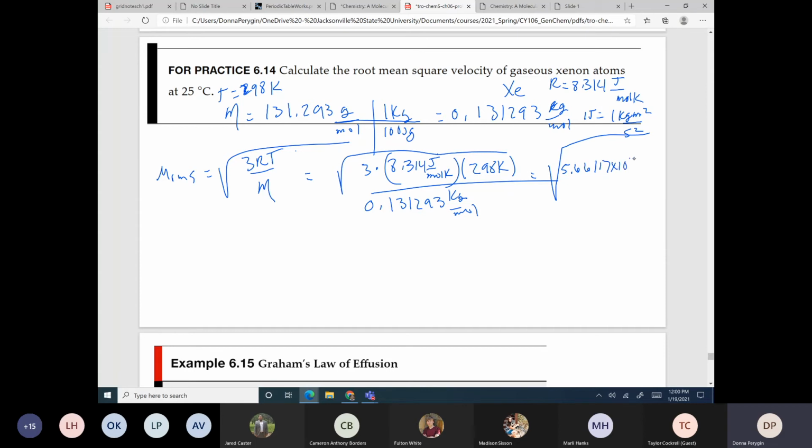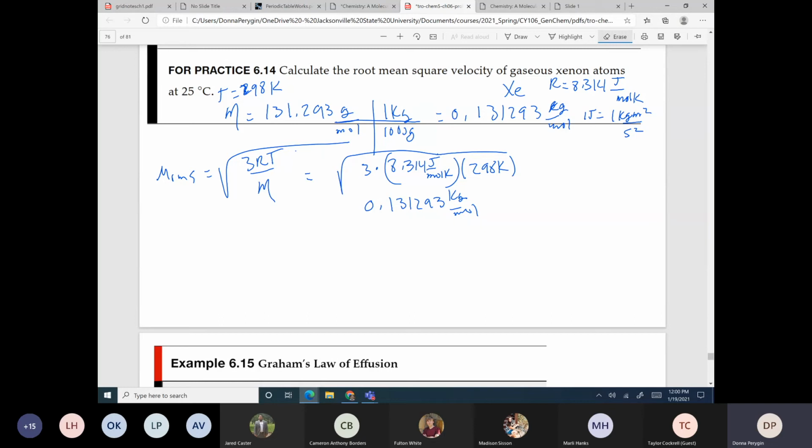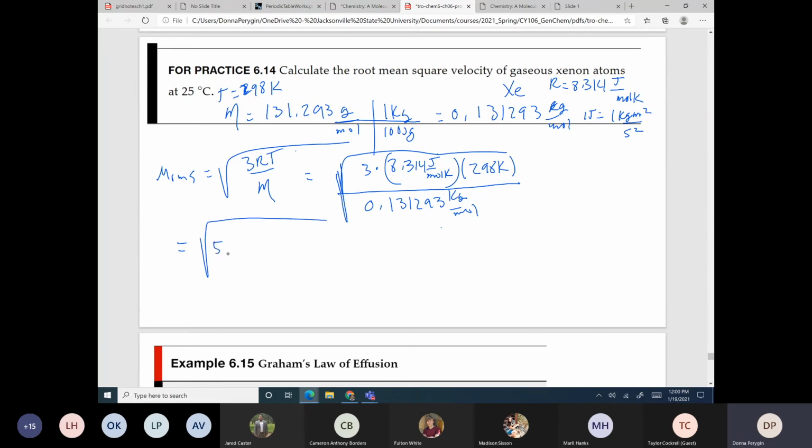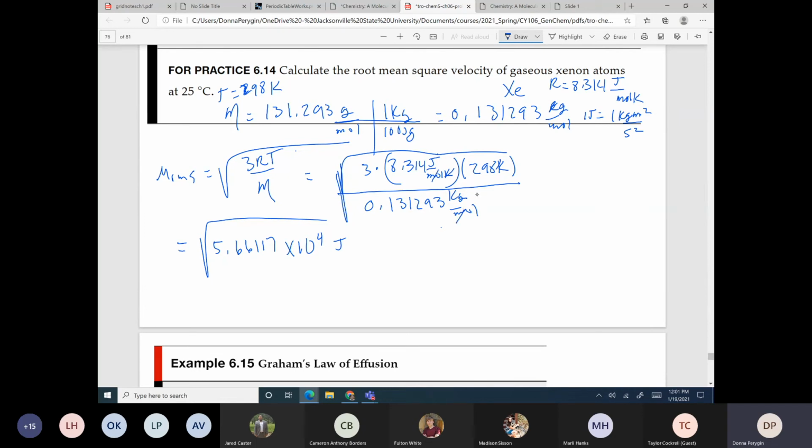5.66117 times 10 to the fourth. And I'm going to have to move that down so we can see our units better. Okay, let me move that down here. All right, so that's equal to the square root of 5.66117 times 10 to the fourth, and that is in joules per kilogram, because Kelvins cancel and moles cancel.